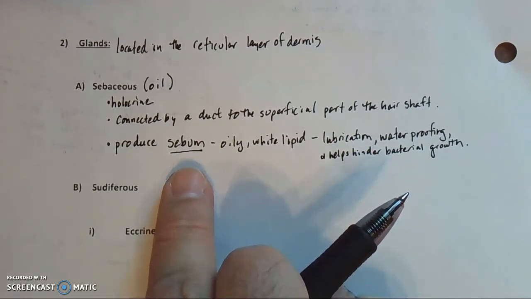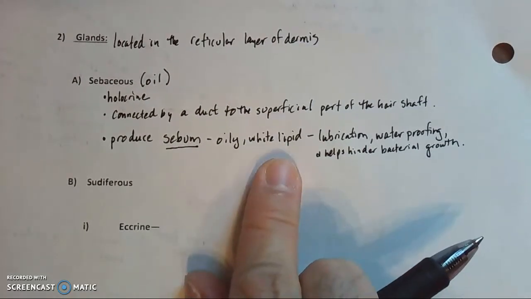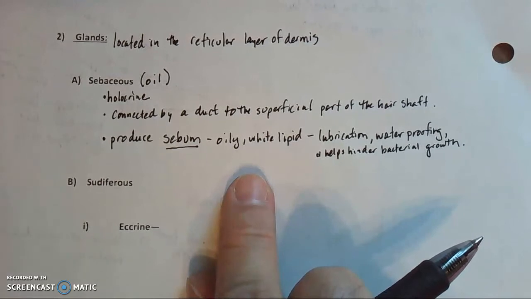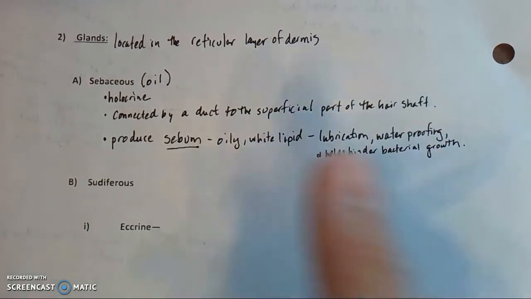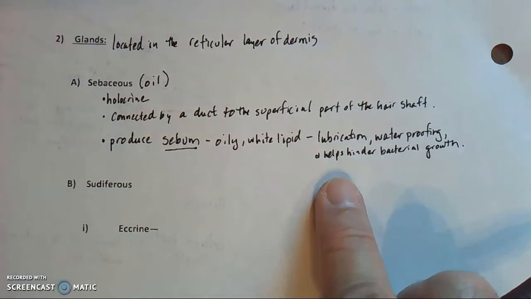So if you get a zit, it's usually because this oily white lipid plugs up a pore on the surface of your body and traps some bacteria in there. So when you get a whitehead, it's actually the sebum and a little bit of pus that forms that, and as that is exposed to oxygen, turns black because it oxidizes.